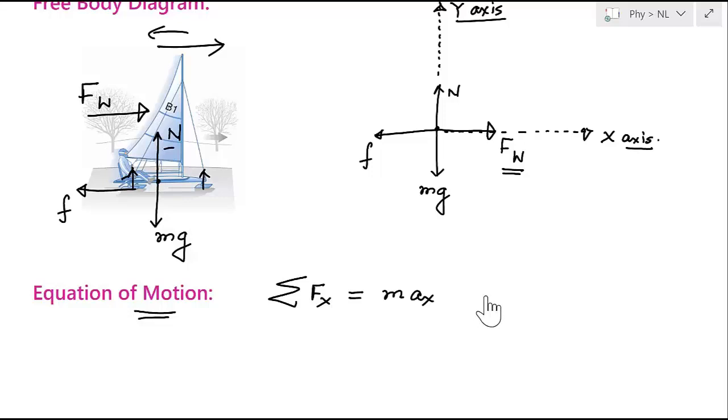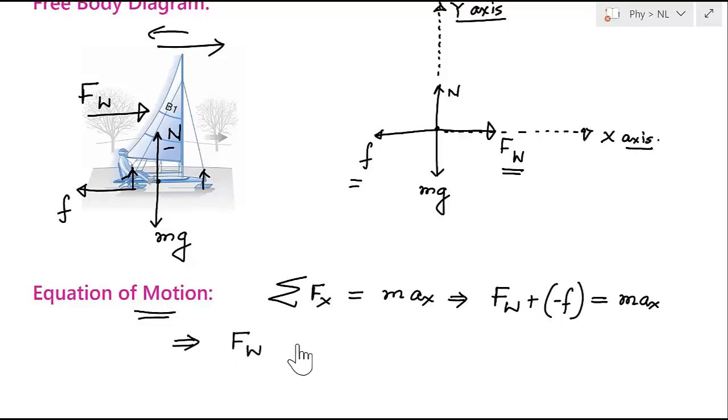One force is Fw, on the positive side of the x direction, and the friction force in the negative direction, so this is minus F, equals mass times acceleration. So if you plug in all these values, we can calculate the magnitude of force due to the wind. So we can write Fw equals F plus ma_x.